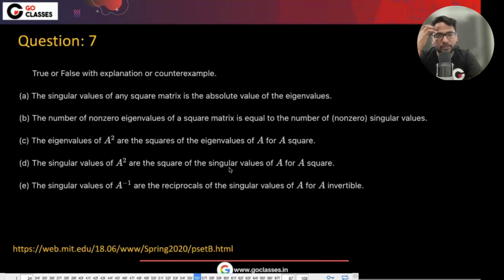Let's just see this question. This is question number 7. What they're saying is that the singular values of any square matrix are the absolute values of eigenvalues. I think this was something almost similar that Bachu Paul has asked, right?